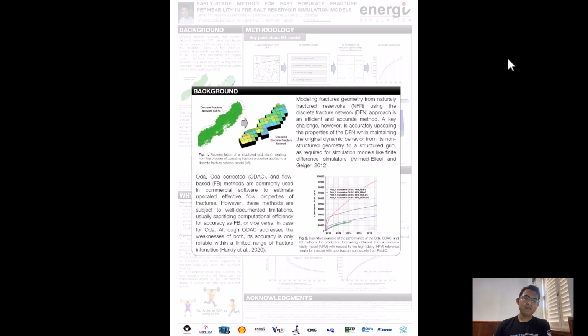The other method is much more efficient, but its accuracy drops when fractures are not well connected. The ODA corrected method was proposed to fix these issues, but according to the literature, it's only reliable within a limited range of fracture intensity. Some authors, like Hariri, argue that there isn't enough research available to fully support its accuracy.